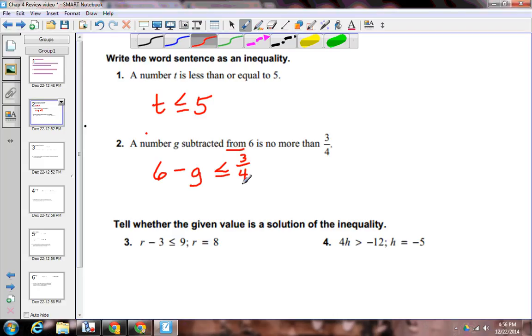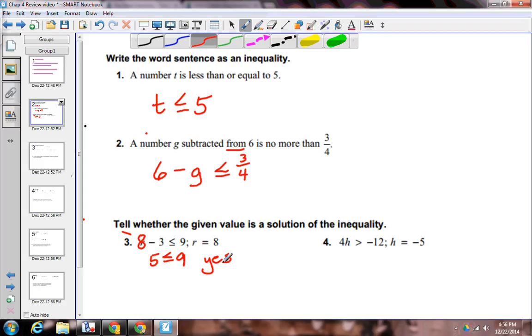Okay, for number 3, when we tell whether the given value is a solution of the inequality, we're simply putting that number into the inequality and seeing if it's true. So for number 3, instead of r here, we're putting in an 8, and we're seeing if 5 is less than or equal to 9. And yes, it is, so we would say yes, 8 is one of the many solutions to that inequality.